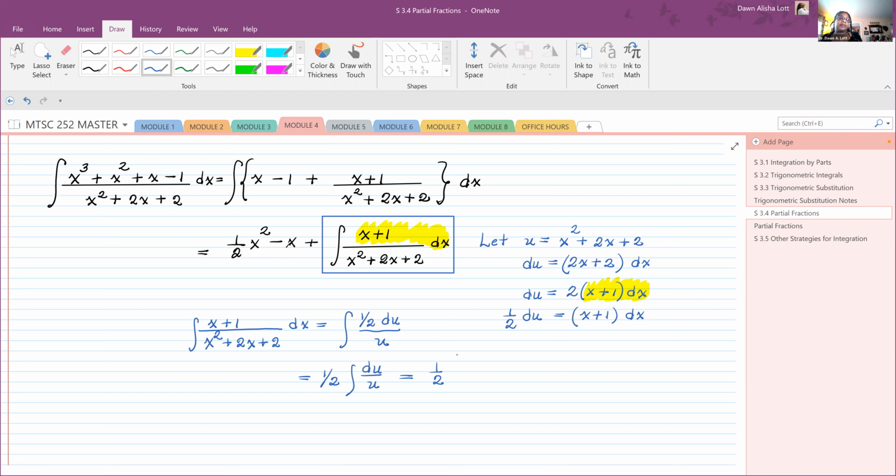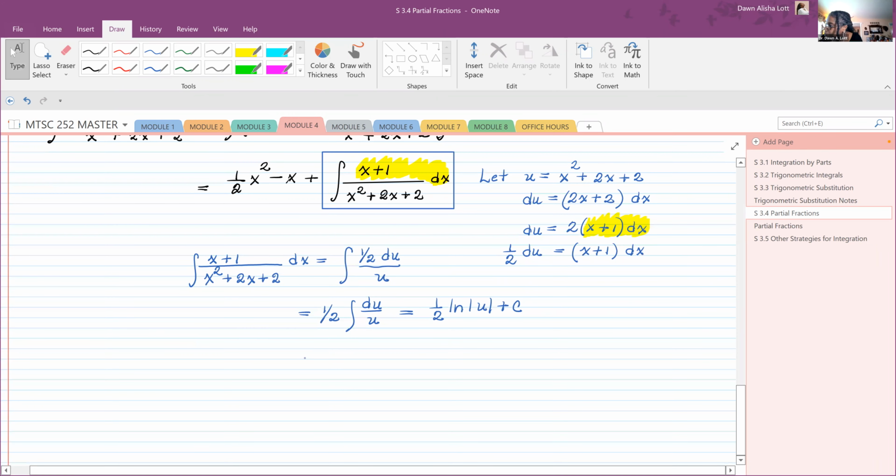Natural log of u. Good. So therefore this integral becomes 1/2 the natural log of the absolute value of x squared plus 2x plus 2 plus a constant.